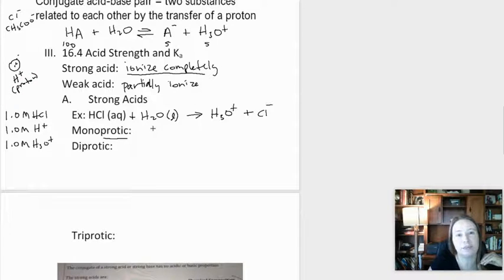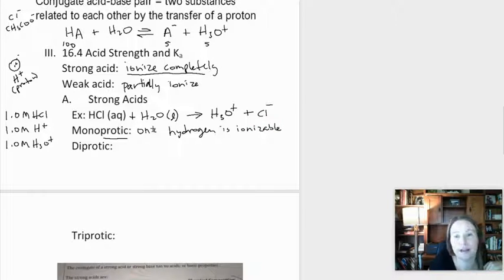So we can say H plus, hydrogen ion, or we can say a proton. They mean the same thing. Mono, of course, means 1. So monoprotic means 1 hydrogen is detachable or removable. 1 hydrogen, let's call it ionizable.